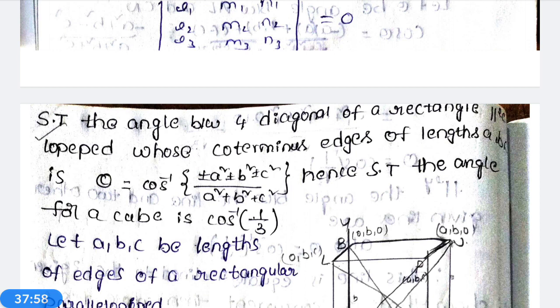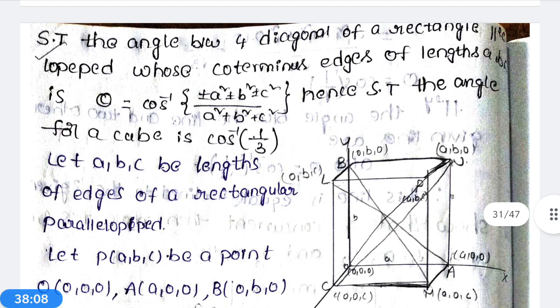Next one is a very, very important problem. Show that the angle between the four diagonals of a rectangular parallelepiped whose coterminous edges are of length a, b, c is theta is equal to cos inverse of plus or minus a square plus or minus b square plus or minus c square by a square plus b square plus c square.